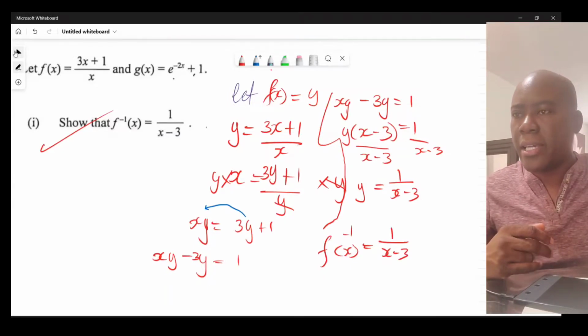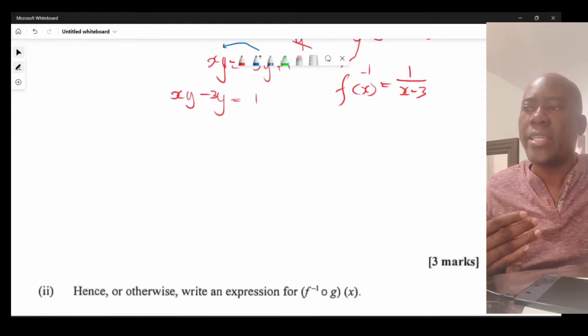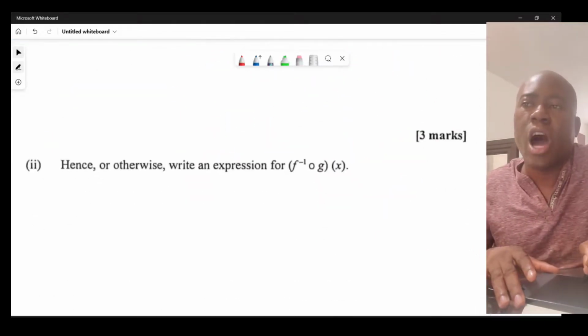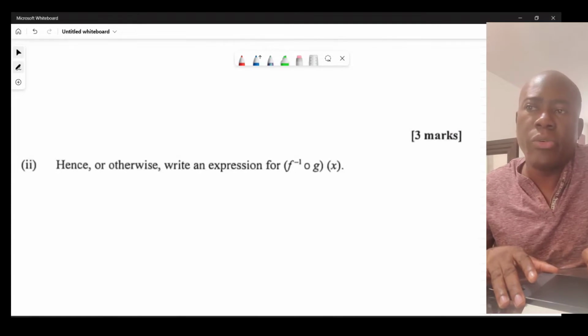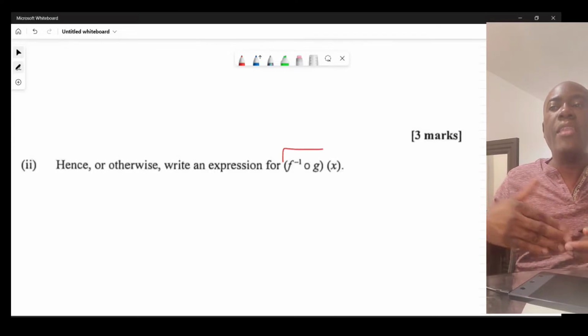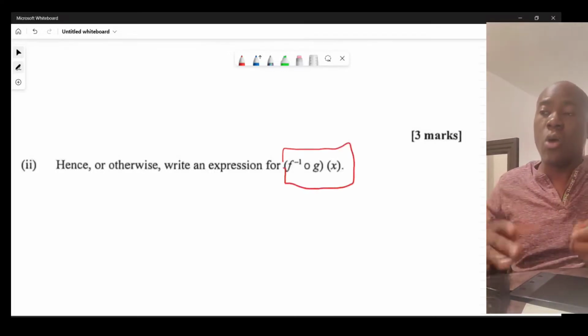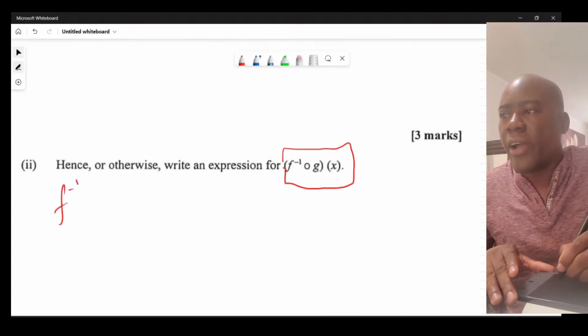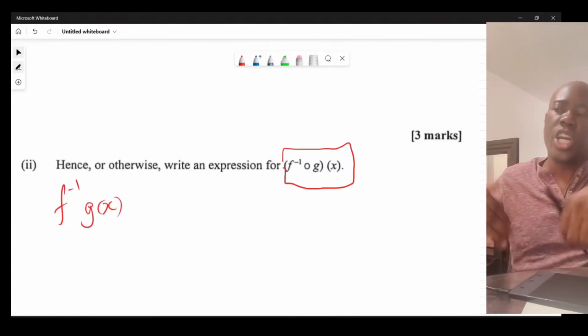The next question says: hence or otherwise write an expression for the inverse of g(x). What we're going to do here is simply put the g function in the inverse of f(x). We're putting the g function in that.